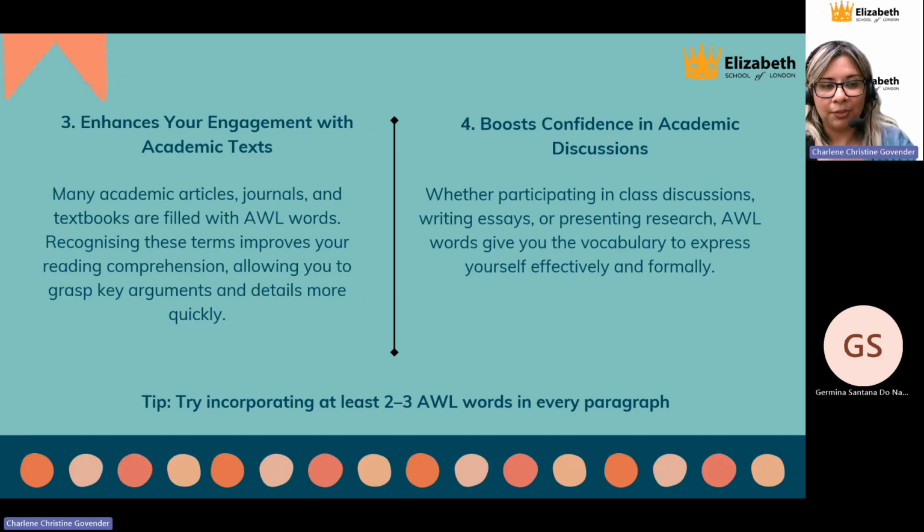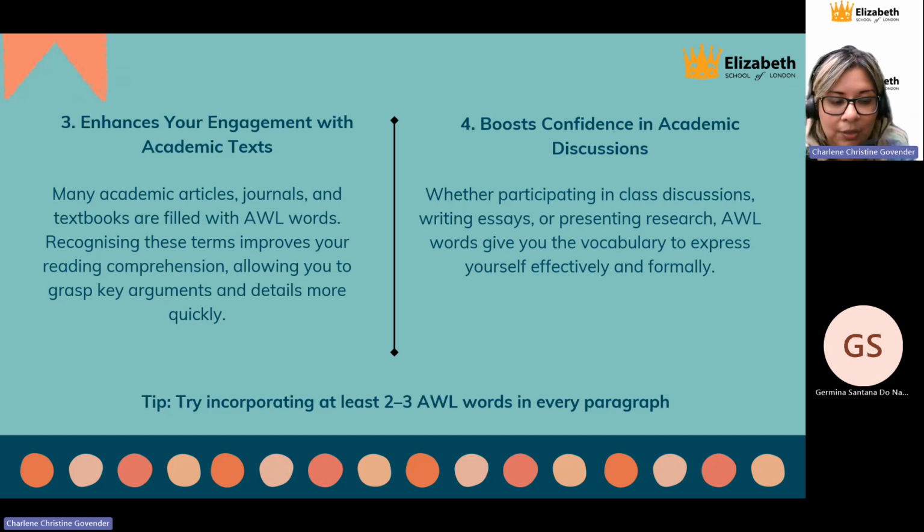All right, so another reason for us to use the academic word list is that it enhances our engagement with academic text. Like I said, the academic word list has been made from a pool of about, I think, 3.5 million words. Okay, so the linguist had looked at a lot of reading material and pulled out words that appear in a lot of reading material.